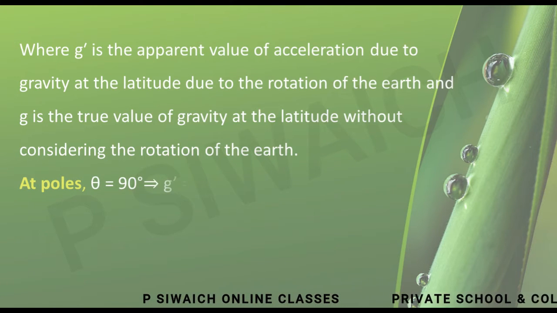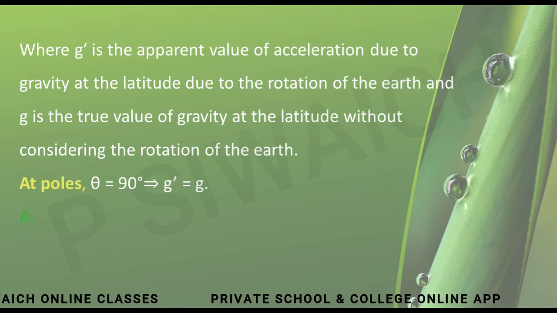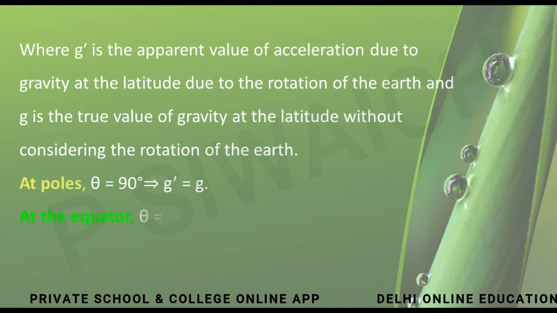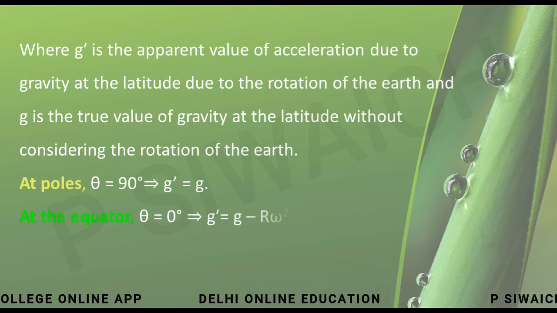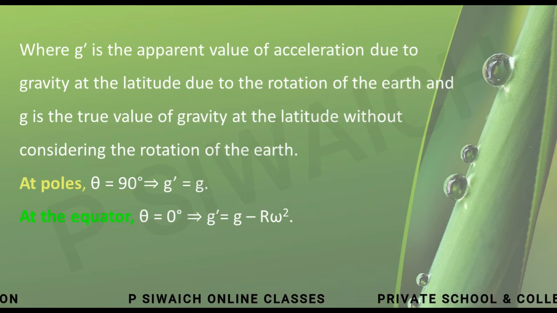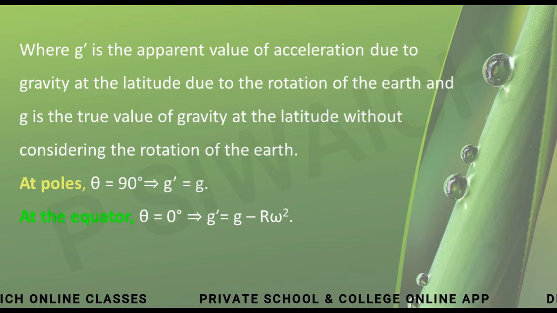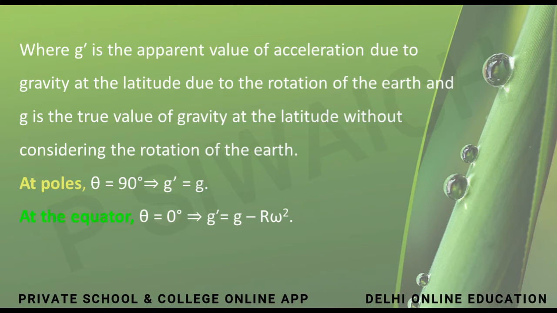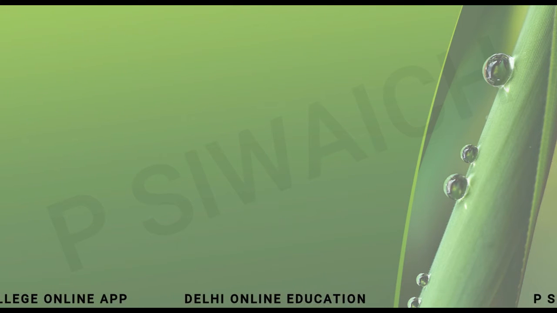At the poles, θ equals 90 degrees, so g' equals g. At the equator, θ equals 0 degrees. This means g' equals g minus Rω².